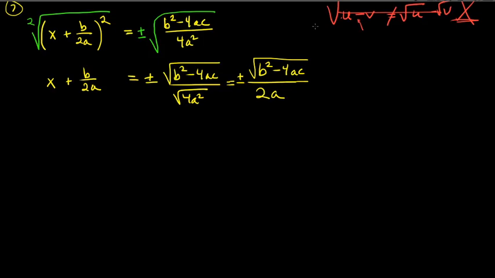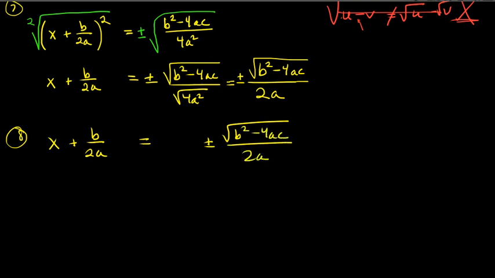So the last step, step 8, we have x, that's our goal, to get x equals. All we have to do now is subtract the b over 2a from both sides. I'm just copying all this down here. And instead of putting it over here, remember, typically you want to put it in front of the square root.